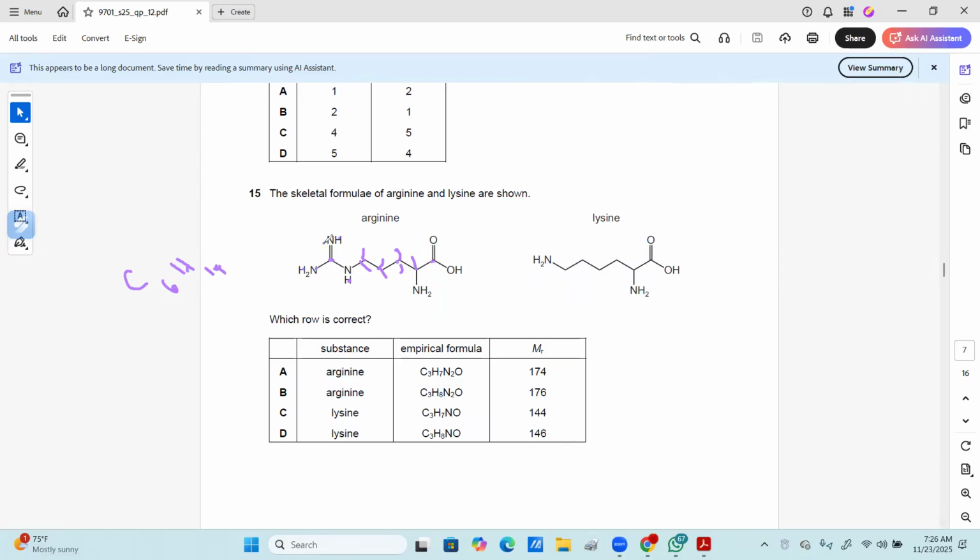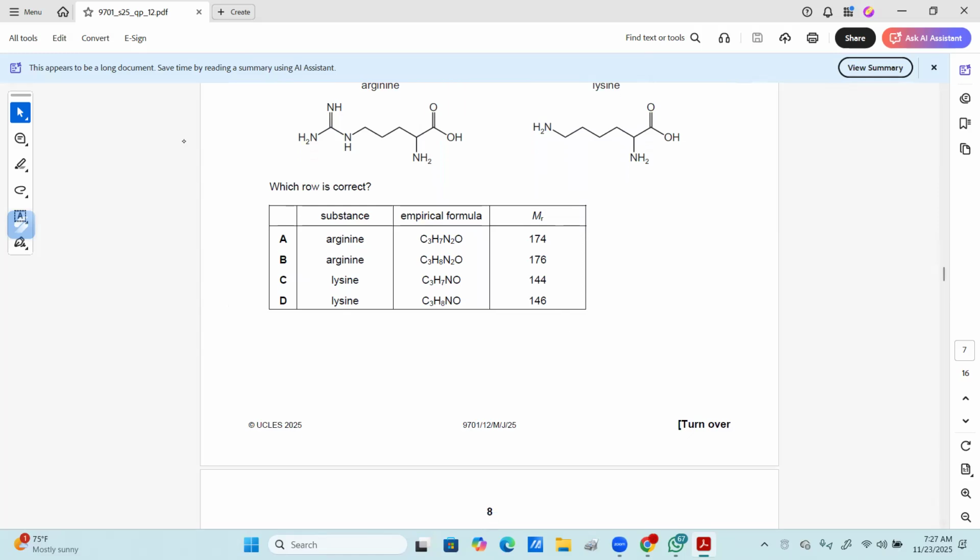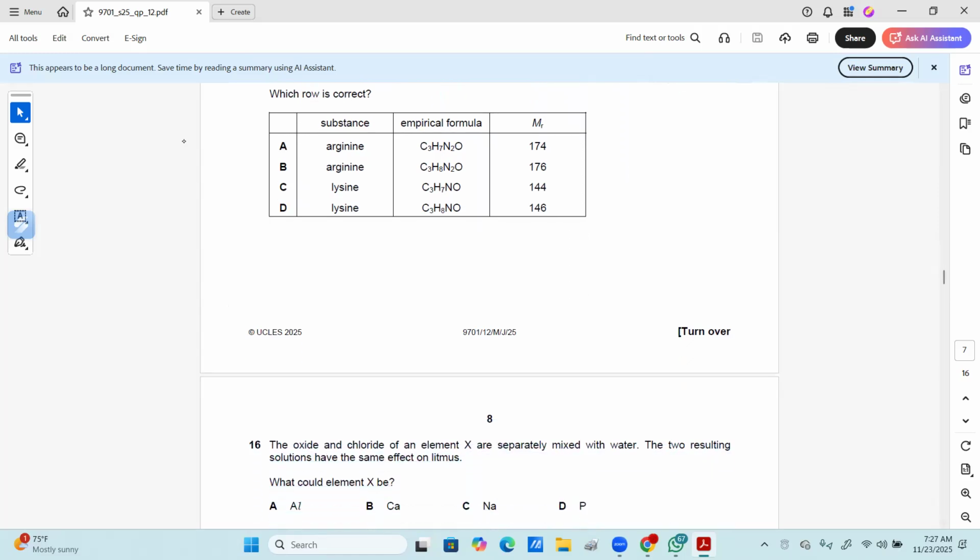H14, nitrogen 1, 2, 3, 4, N4 and O2. Then this is for arginine. The empirical formula will be C3H7N2O. So, therefore, A is the correct answer. If you all want, you can find the others and see whether it's correct.